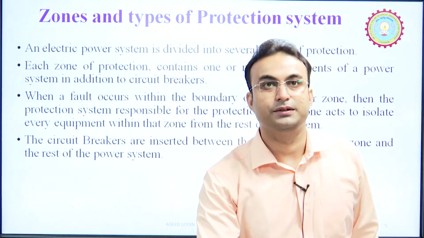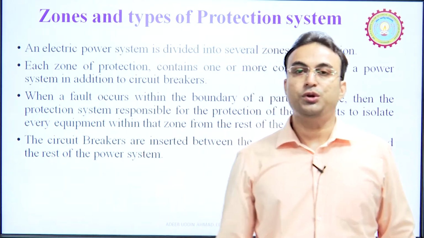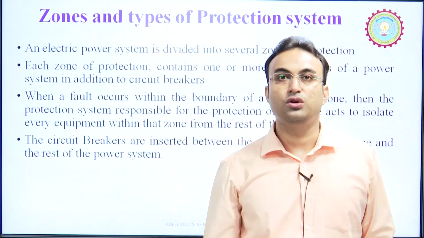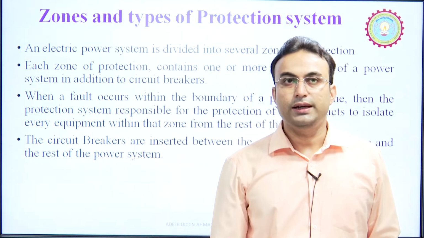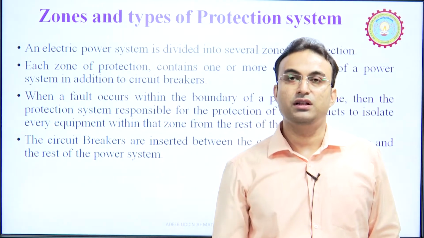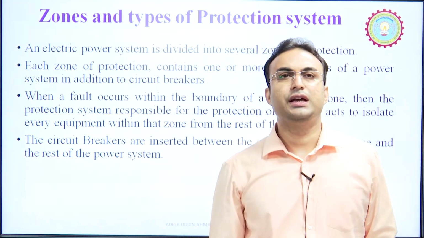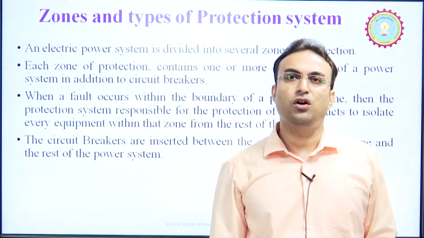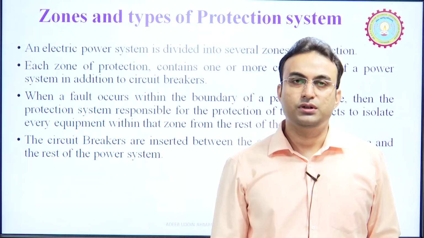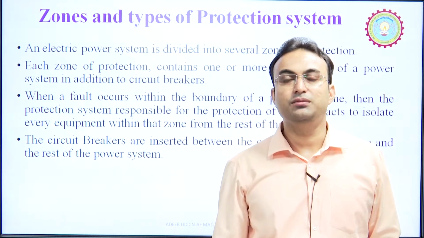So, let us start. What are the zones of protection of a power system? An electric power system is divided into several zones of protection. Each zone of protection contains one or more power system elements and some circuit breakers.